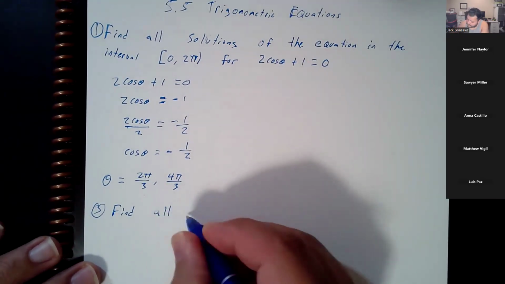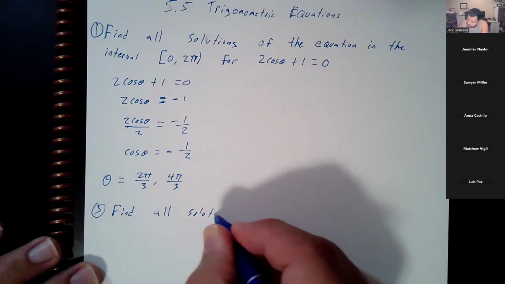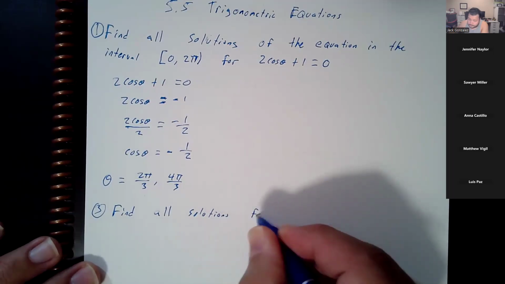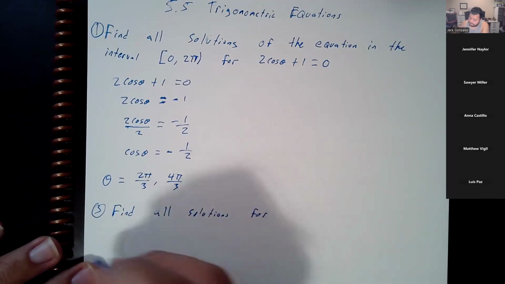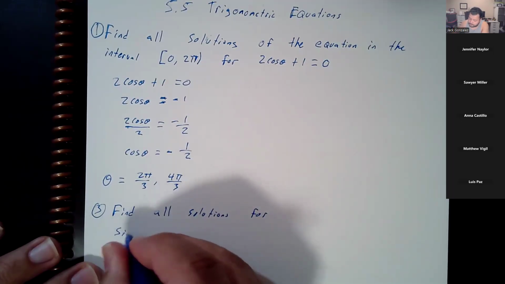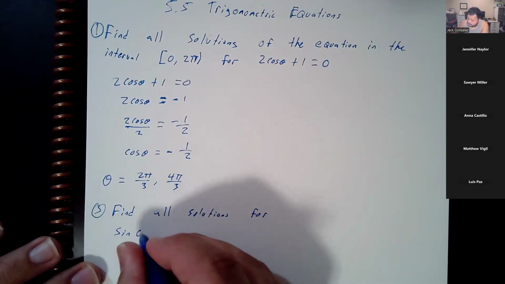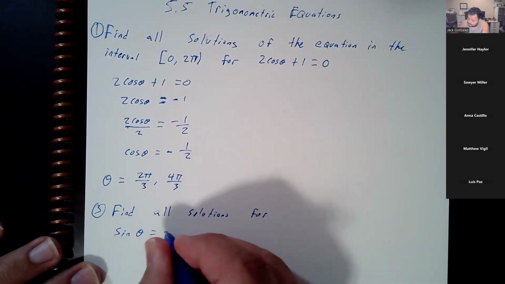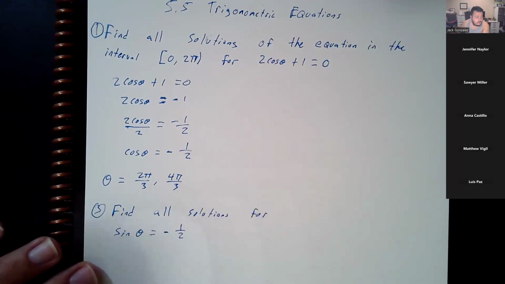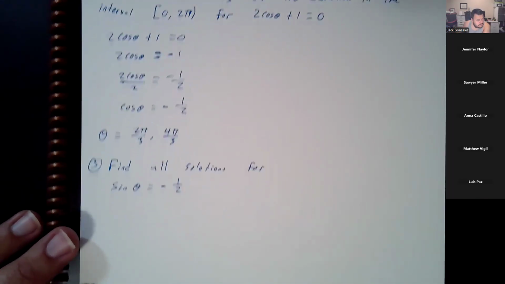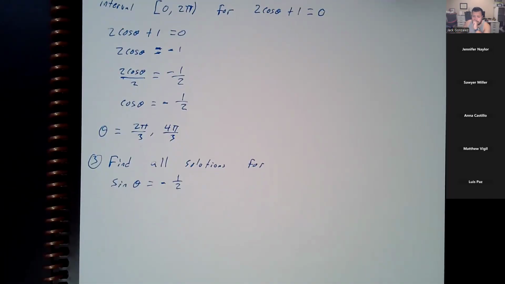Find all solutions for sine theta equal to negative 1/2. So very similar to the last one. So look at the circle. Let me put it back up again.